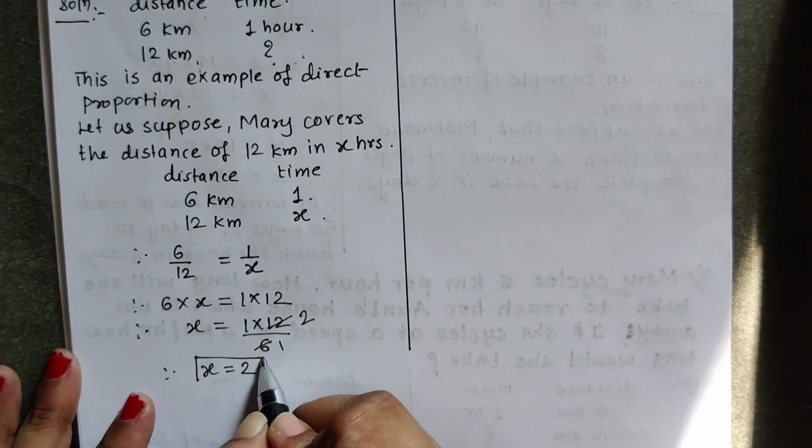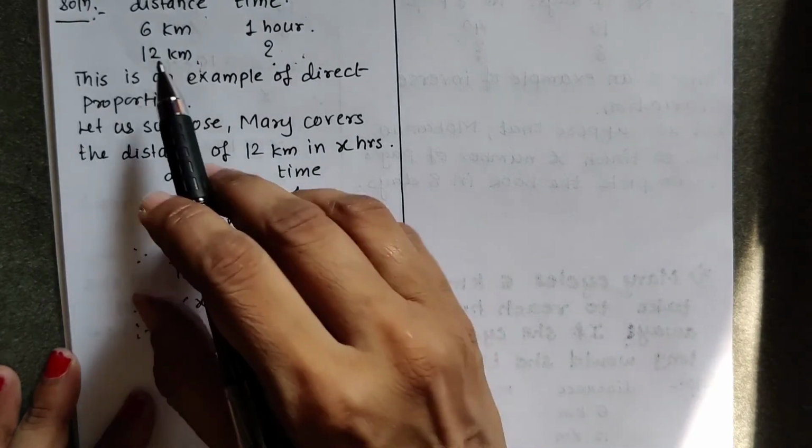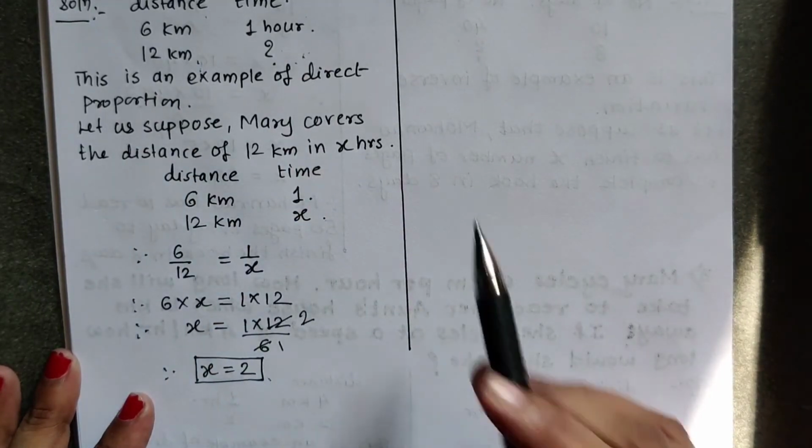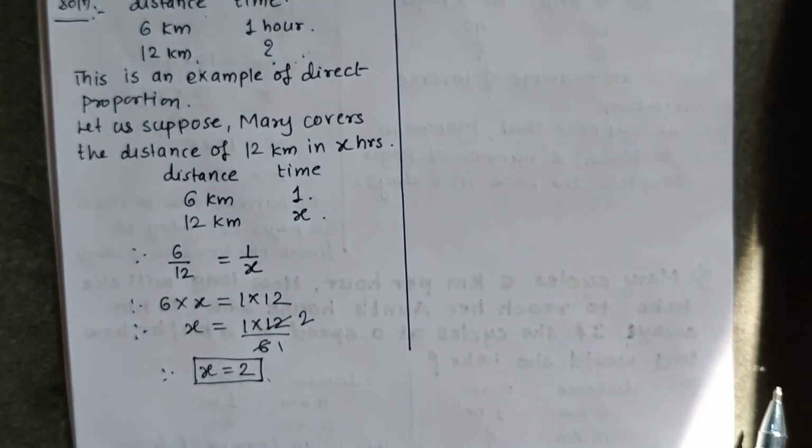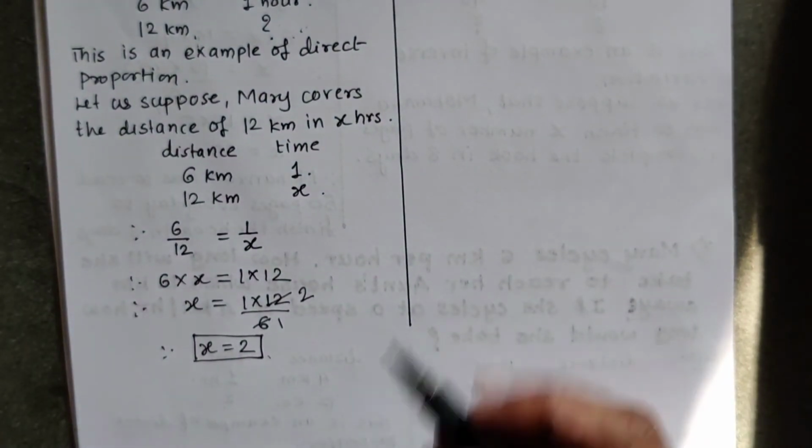That means Mary covers the distance of 12 kilometer in 2 hours when her cycle speed is 6 kilometer per hour. So let us write the answer statement now.